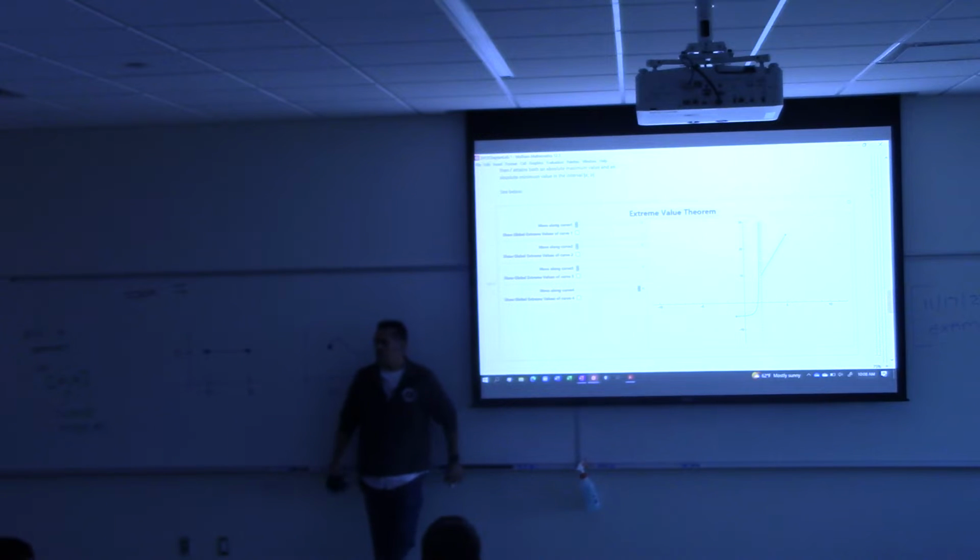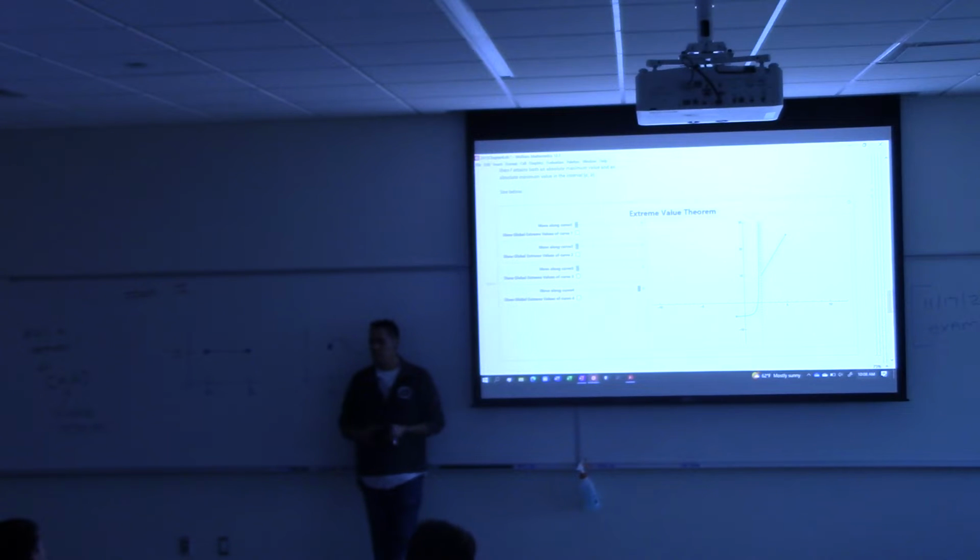Sure, there are some functions that don't have that strict of a requirement, where you just need continuity maybe, and you don't have to have the restriction of a closed interval. But the theorem says that these are the conditions we have to have: continuity and on a closed interval, then your guaranteed max and min is going to happen.